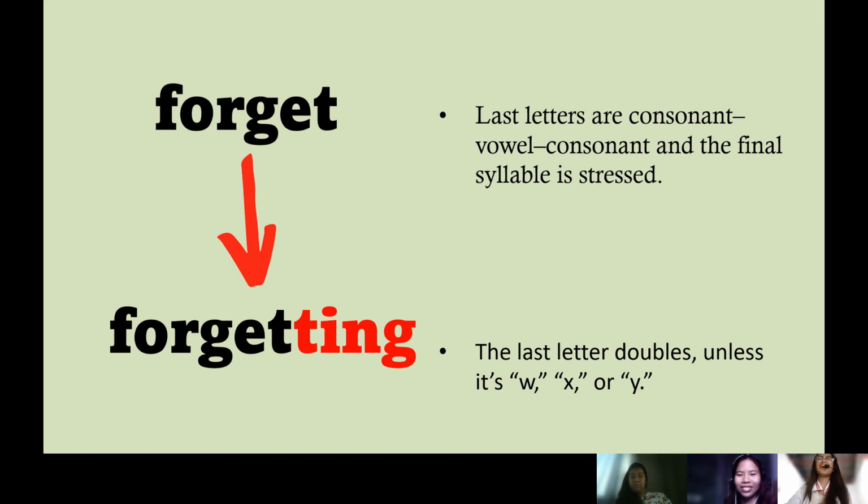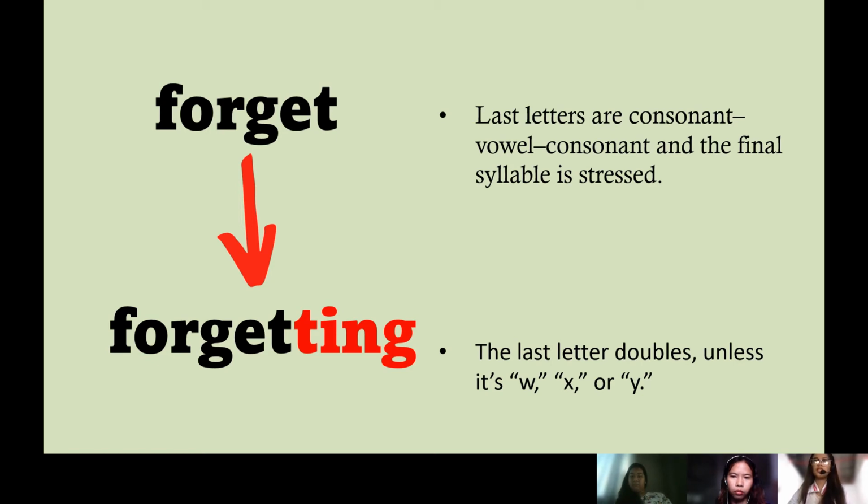Okay, so here we have forget. So if we are going to change it, we are going to add another T. So the letter T here will be doubled, and then we are going to add the ing. So last letters are consonant, vowel, consonant.